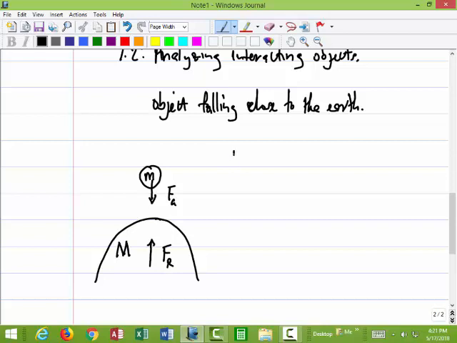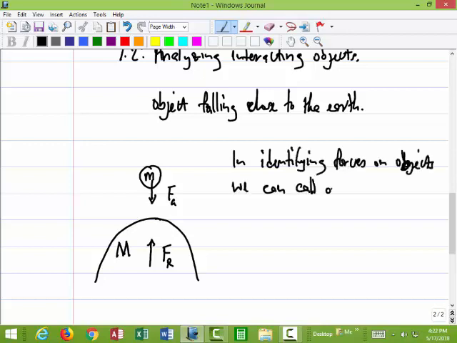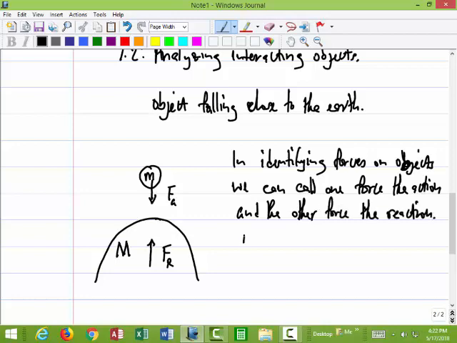So in identifying forces on objects, we can call one force the action and the other force the reaction. So F subscript A is our action force, and F subscript R is the reaction.